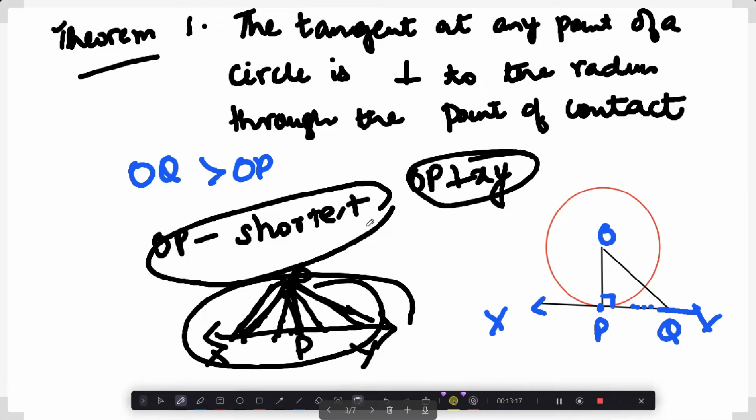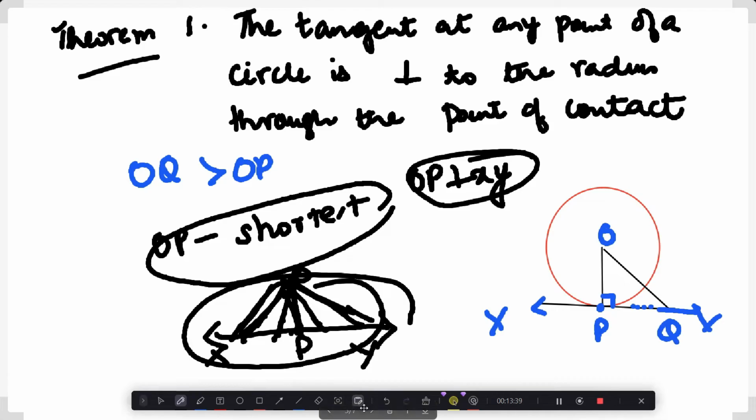There we have a detailed explanation of how this comes, and we prove it by contradiction. I am not taking you through that as of now. Maybe I can make a small separate segment for that. But anyway, when we cover that chapter, we'll get to know this.